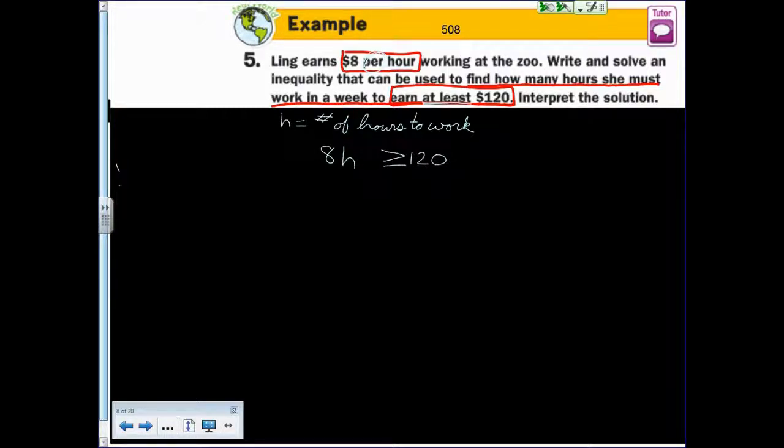Now we need to solve it. The opposite of multiplying by 8 is to divide by 8 on both sides. 8 divided by 8 equals h. Notice, because we are dividing by a positive 8, what was positive remained positive.